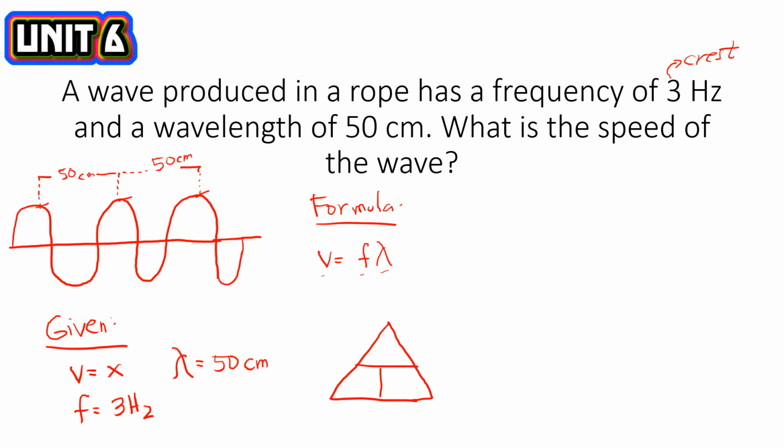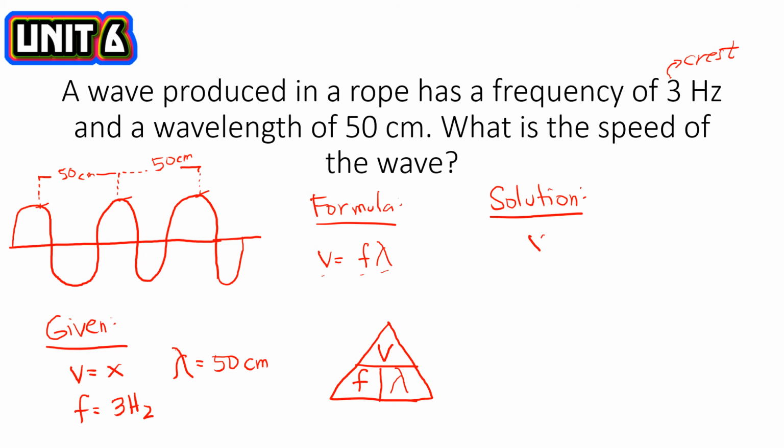This one is your speed, this can be your frequency, and this one is your wavelength. You can use this triangle to find the value of each variable. Okay, so what will be our solution?